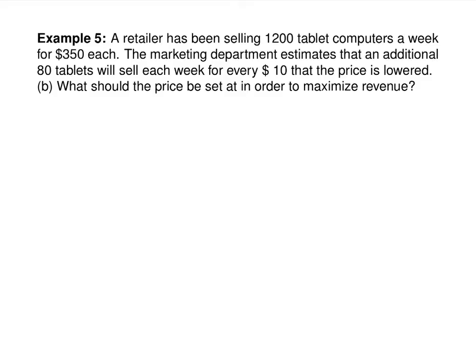Okay. So what should the price be in order to maximize the revenue? So revenue is how much money you've pulled in, right? So in general, revenue is going to be equal to the number sold times the price per unit, right? How many you sold times how much they cost.